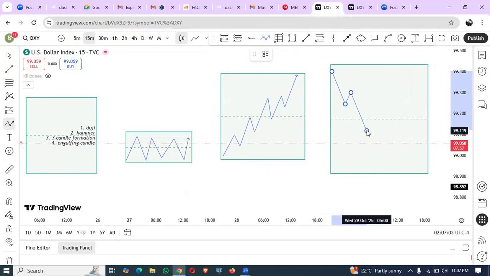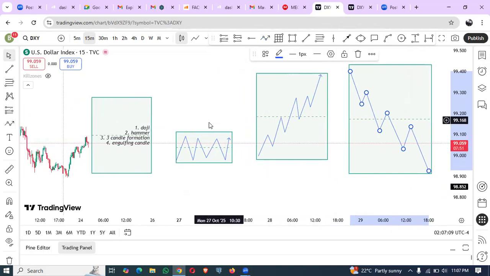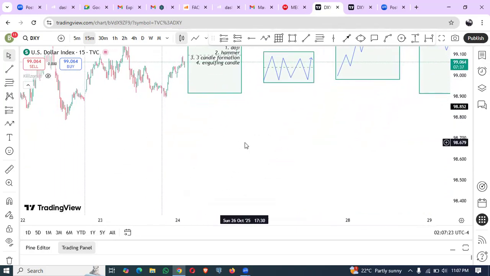Impulse, correction, impulse, correction, impulse. So once you've noticed which market trend you are in, what do you do? You try to engage using either of these candles. By engage, I mean you look for a trade opportunity.